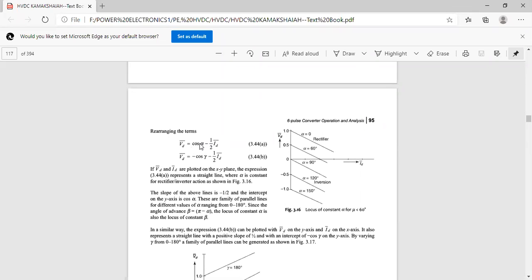What is cos 0? It is 1. Here it is 1. When alpha is 0, cos 0 is 1. So the y-intercept is now 1.